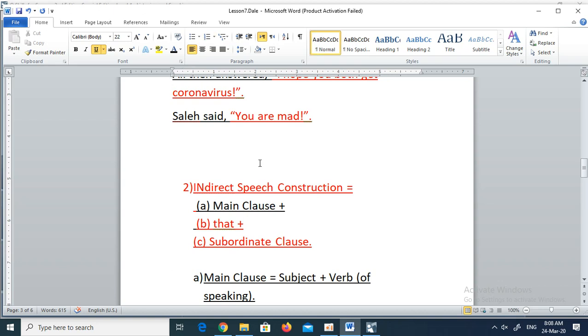Indirect speech is a longer, more complicated construction. Indirect speech is when the speaker is not there himself and somebody else tells you what he said.